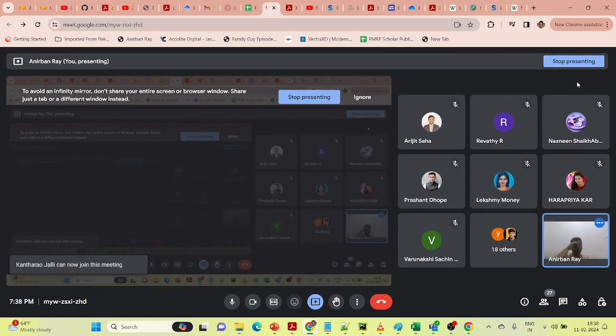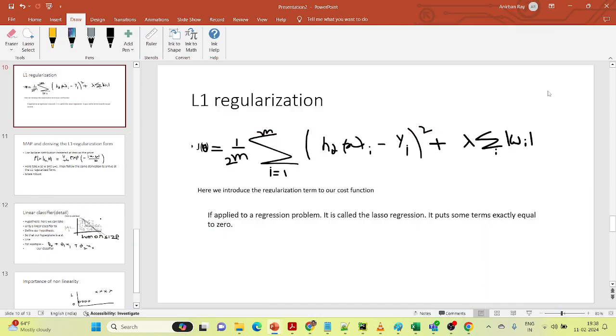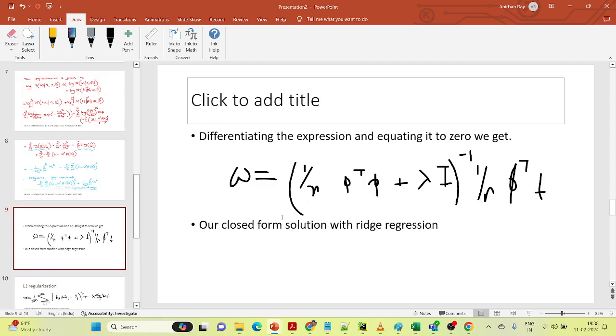So the closed form is the solution, as you can derive it here. It is the exact solution of the W, meaning using one formula you have calculated the value of W. We have another very popular iterative approach, that is called gradient descent.